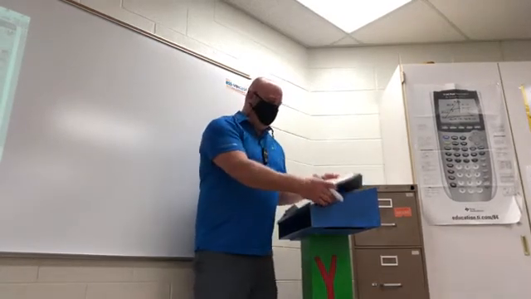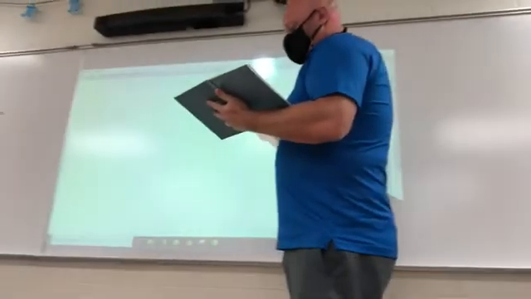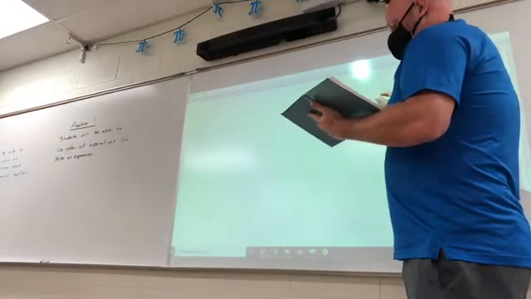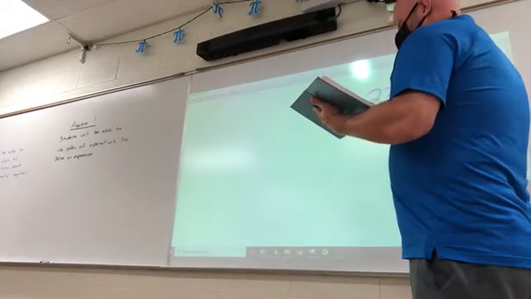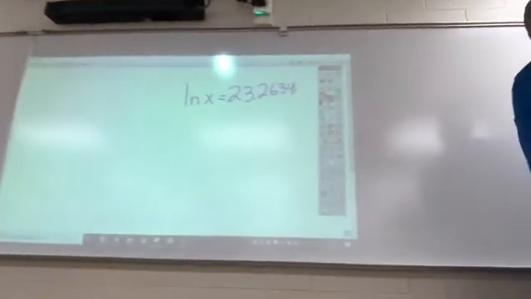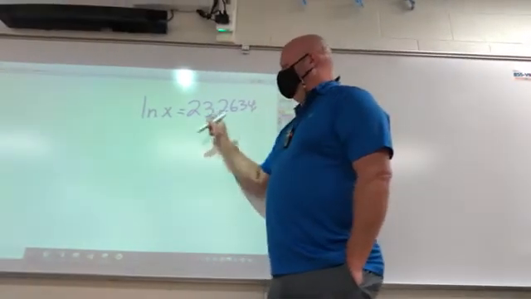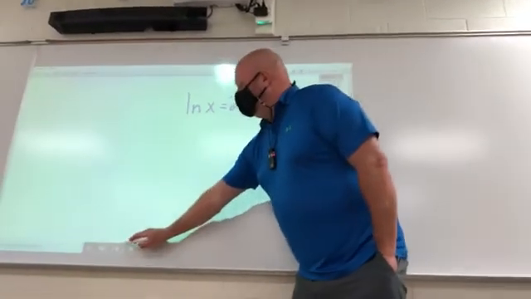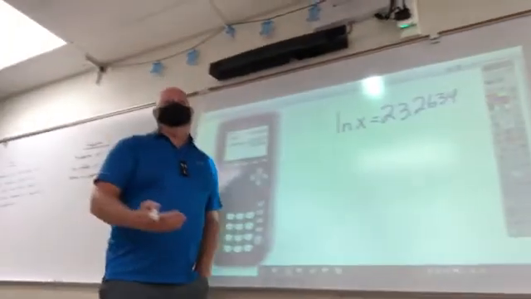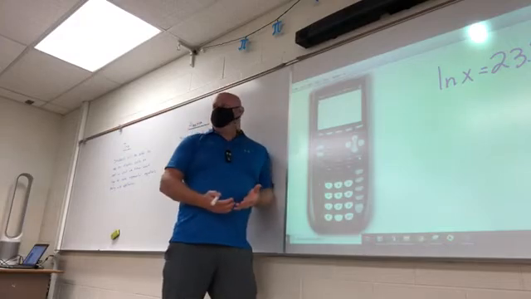Also, I wanted to show you guys this one. Be very careful with problems like this. So it says natural log of what number equals 23.2634. If you think of this as the antilog, or you switch forms and this is e to that power, be careful sometimes with any of these log or exponential equations, because remember, they're still exponential equations.